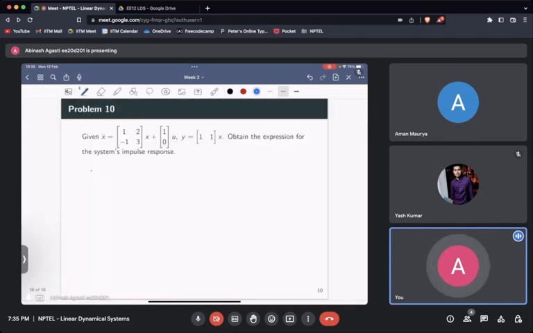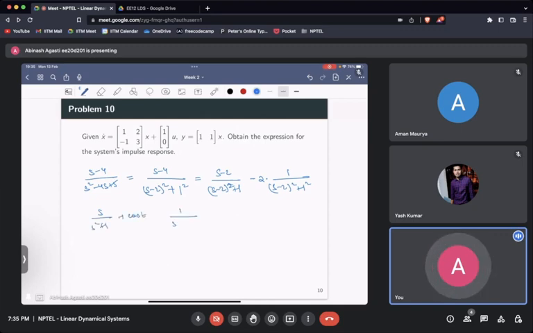So we have (s minus 4) by (s square minus 4s plus 5), right. So we can write this as (s minus 4) by ((s minus 2) whole square plus 1), which is 1 square. Correct? So this is (s minus 2) by ((s minus 2) whole square plus 1) minus 2 into 1 by ((s minus 2) whole square plus 1). So we know that s by (s square plus 1) is cos t and 1 by (s square plus 1) is sin t.